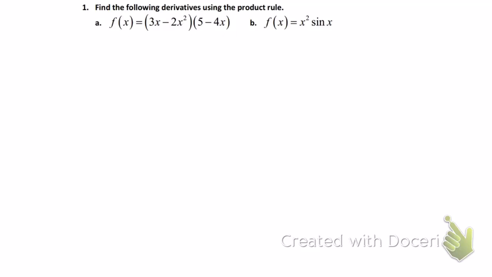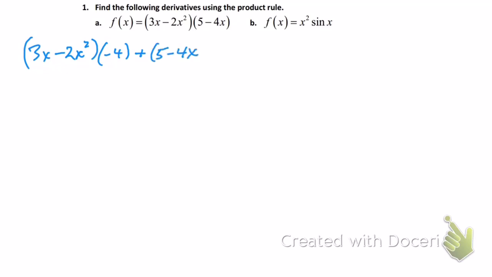Okay, so what do? The rule says take the first function, so 3x minus 2x squared, times the derivative of the second. Well, what's the derivative of 5 minus 4x? Minus 4. Right? From the power rule. Okay, then it's plus, take the second function, 5 minus 4x.